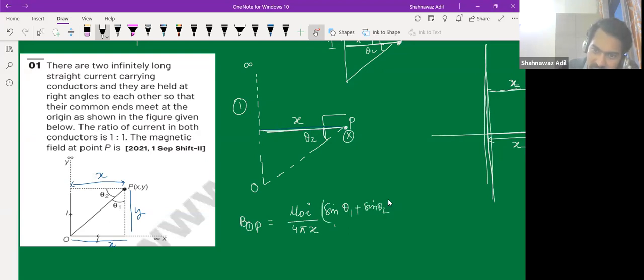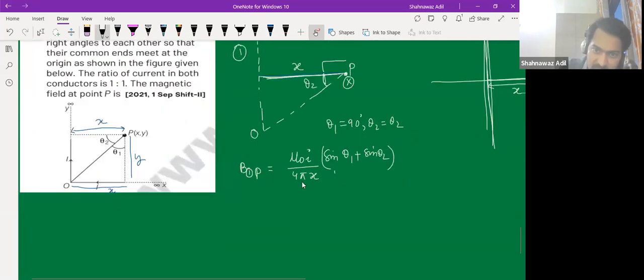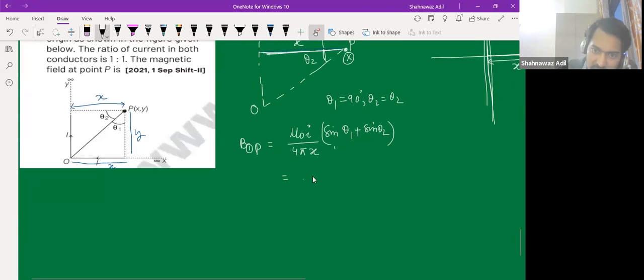For our case, theta 1 is 90 degree and theta 2 is theta 2. So this would be mu naught I by 4 pi x, sine 90 is 1, plus sine theta 2. And remember, this is B cross. Let's write this as 1.